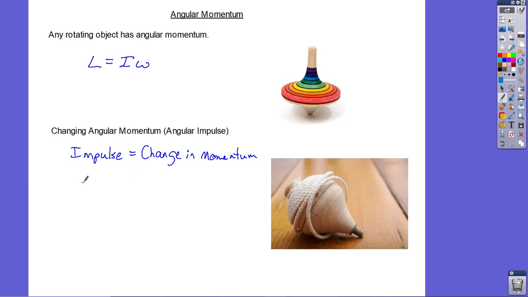So in the angular sense, instead of force, we have torque times the time it's applied for is equal to the change in angular momentum, delta L. I put this top in here just because it has a string. If you think about getting that from rest to spin, if you pull on that string, you're applying a torque for a given time, and so that angular impulse will equal the change in angular momentum there.